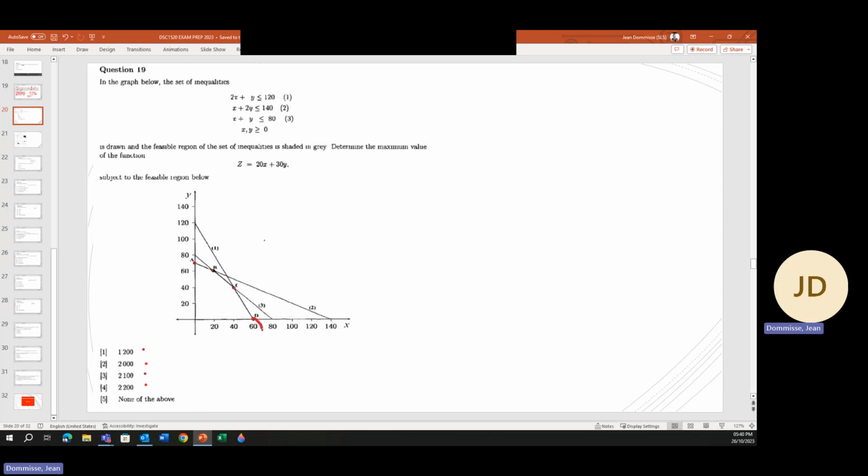So we know that this point D is 60 for X and 0 for Y. And that would have been that formula. So we can put it in there and see what we will get. So 60 times 20 is 1,200, and then the other one will fall away.